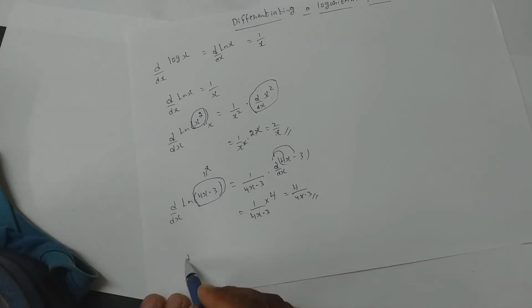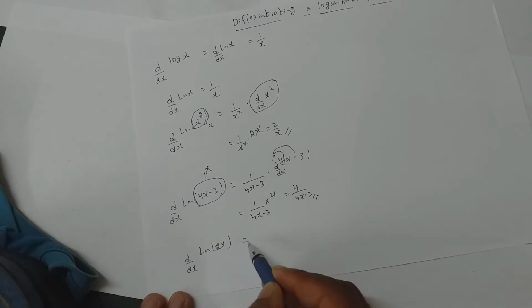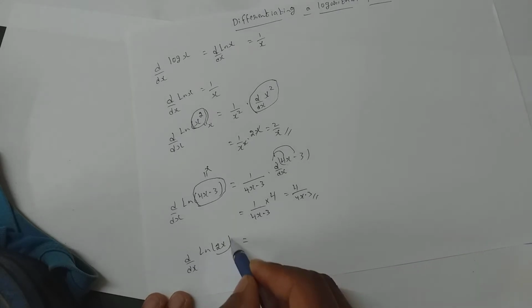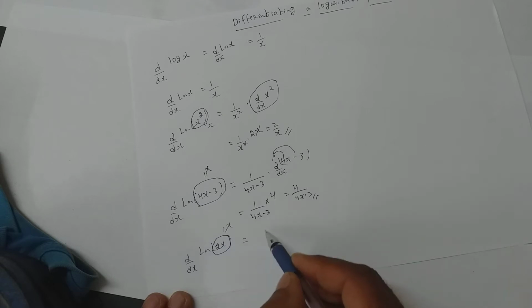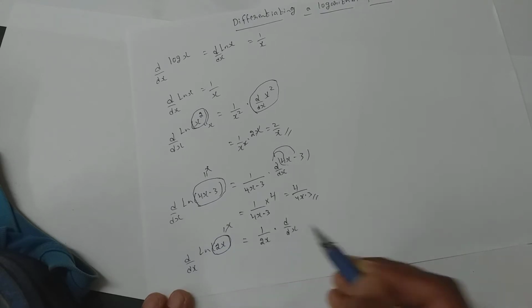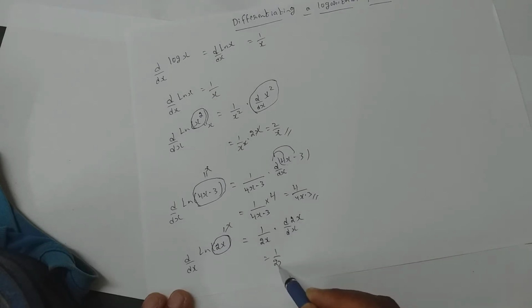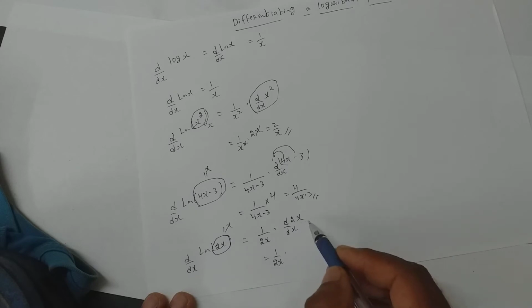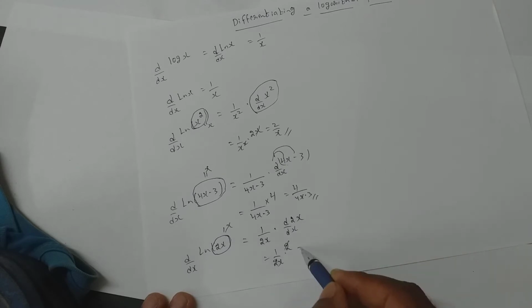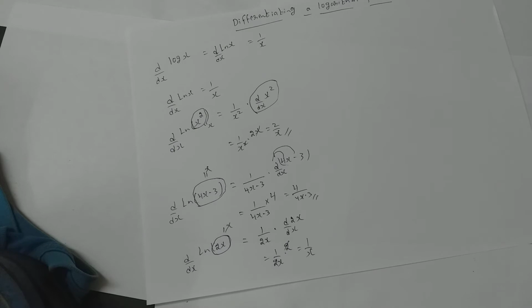Now, if it is d by dx of ln of 2x, again, this you will assume it to be x. So it becomes 1 by 2x into d by dx of your assumption 2x. So it is 1 by 2x into, 2x differentiation will be 2. So it is 1 by x. Clear?